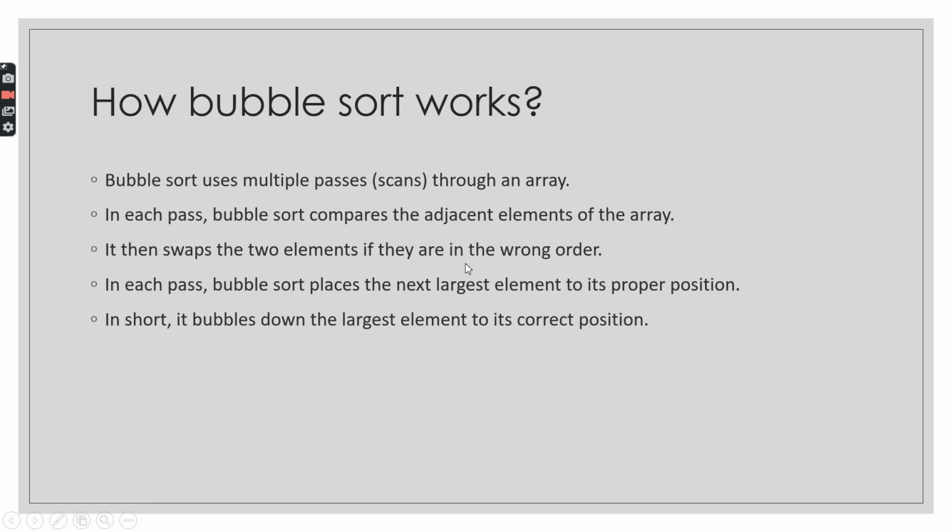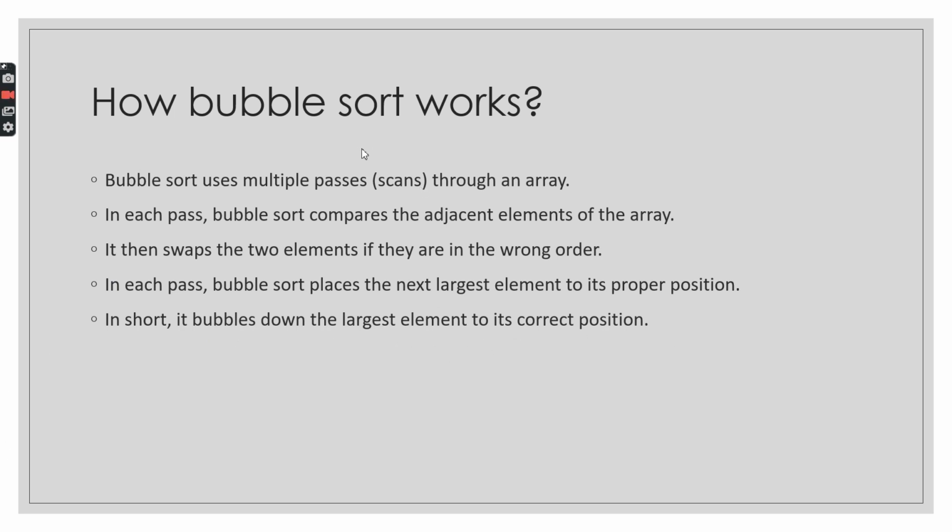Means if we are sorting in an ascending order, if the first element is larger than the second, then we will swap. In each pass, bubble sort places the next larger element in its proper position. Means if we are talking about the ascending order, bubble sort keeps the largest element at its correct position during each iteration. In short, it bubbles up the largest element to its correct position.